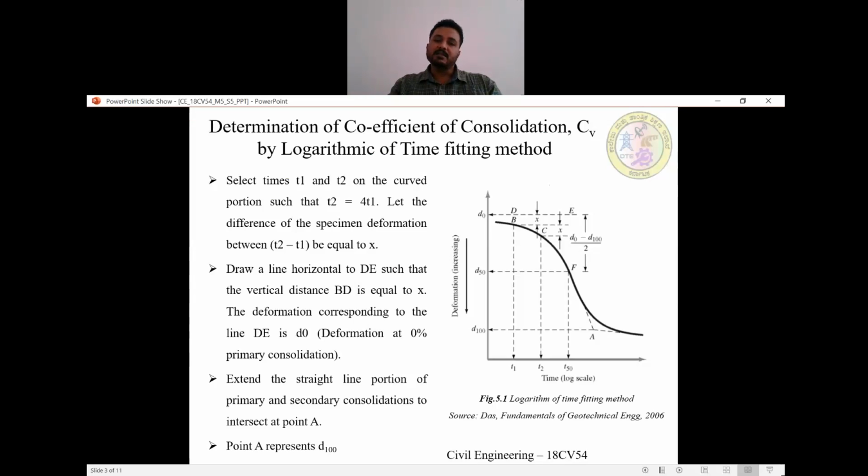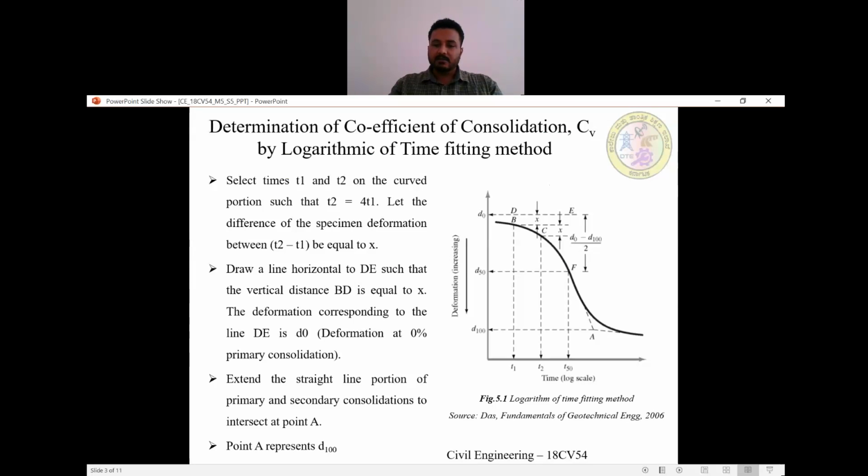These two lines intercept at point A. When we project this point A to the x-axis, we get the time that corresponds to 100% consolidation. And if you draw a line parallel to x-axis through the point A such that it intercepts the y-axis at point D100, D100 represents the dial gauge reading corresponding to 100% consolidation.